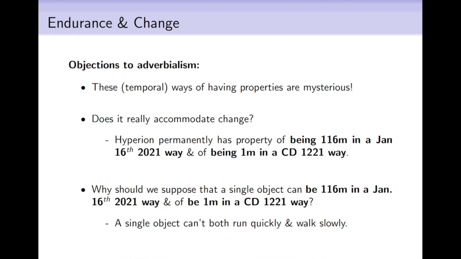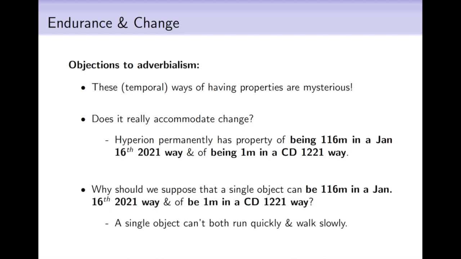116 meters tall in a January the 16th 2021 way, and of being 1 meter tall in a Christmas Day 1221 way. And Hyperion just always, throughout its existence, has these properties in these ways, right? Nothing's really changing.